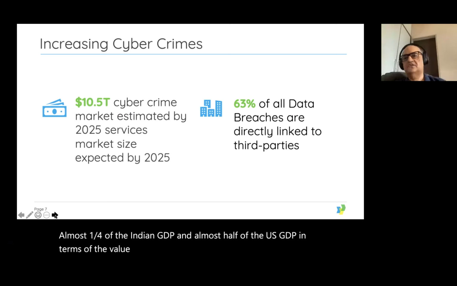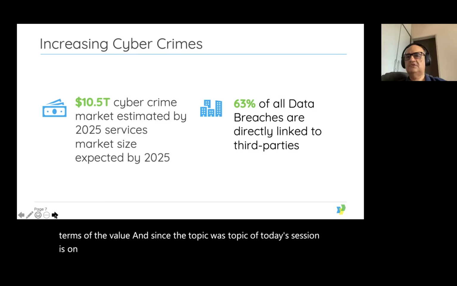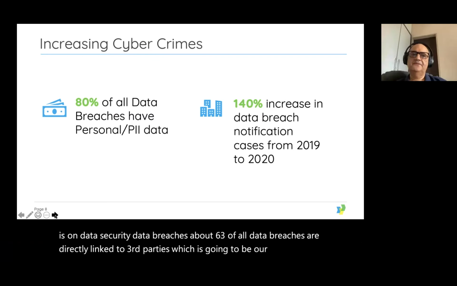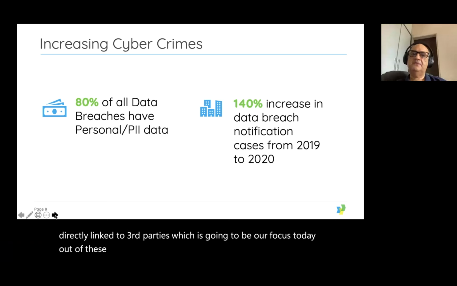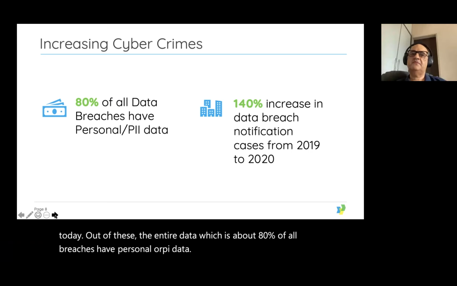Since the topic of today's session is data security, about 63% of all data breaches are directly linked to third parties, which is going to be our focus today. Of all data breaches, about 80% involve personal or PII data. That's where the privacy aspect comes into the picture.